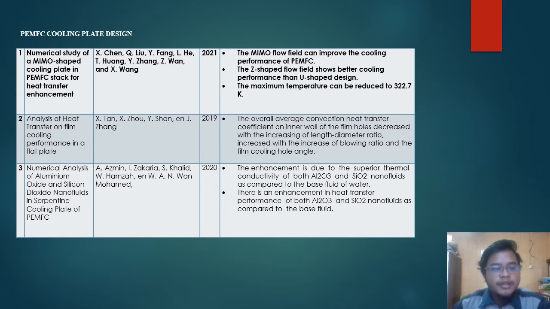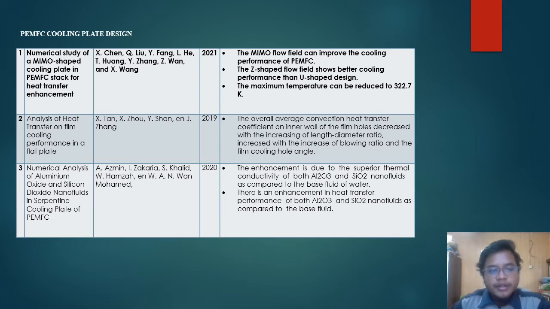Second one is analysis of heat transfer on film cooling performance in a flat plate. The overall average convection heat transfer coefficient on the inner wall of the film hole decreases with the increasing of length diameter ratio, and increases with the increase of blowing ratio and the film cooling hole angle.